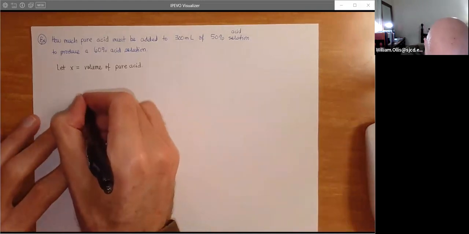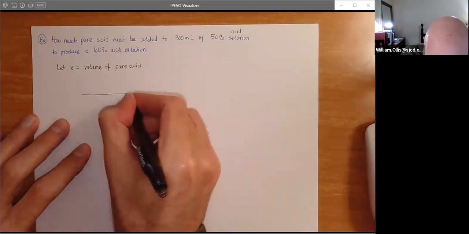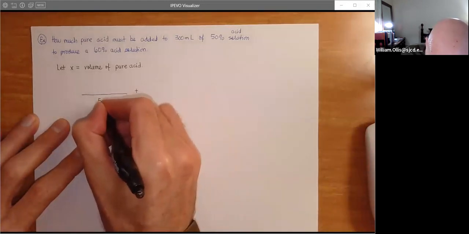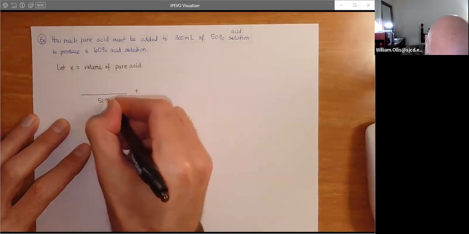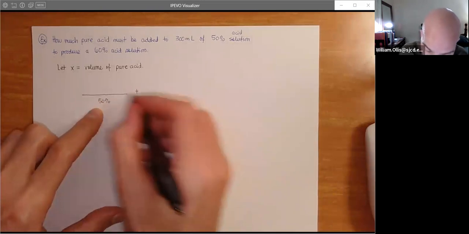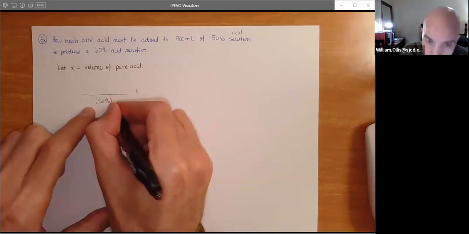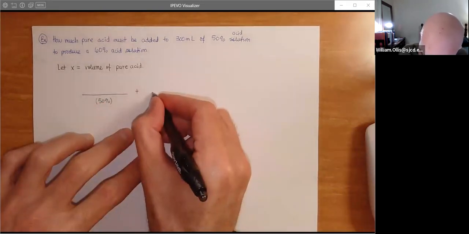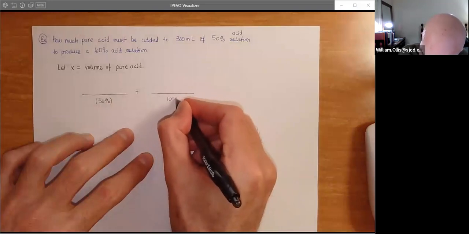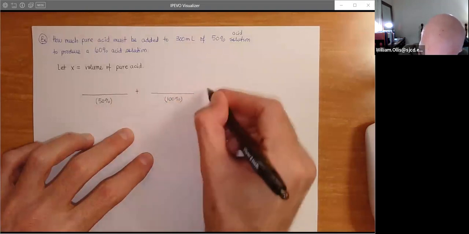So if we think about what we're doing in the lab, we have a 50% solution. So I'm just going to label it here. This is not part of the computation. It's just a little label, so you can put it in parentheses if you want. And we're going to add some 100% acid solution.